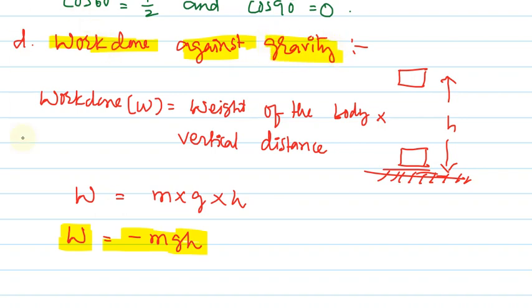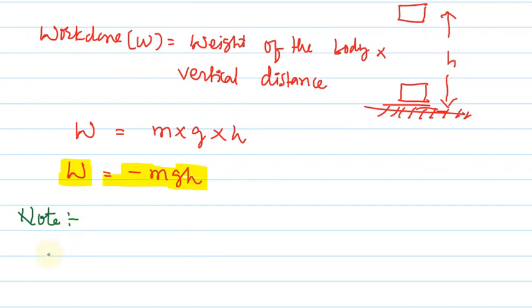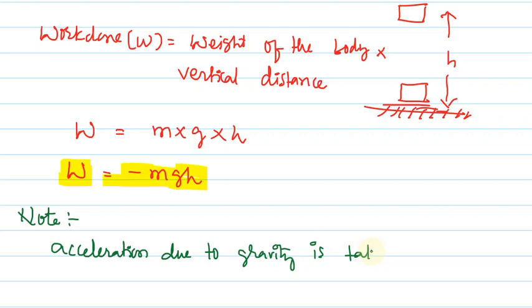Right? Let's see a note related to this possibility. When work is done against gravity, acceleration due to gravity is taken as negative. Yes, acceleration due to gravity is taken as negative when work is done against gravity, right?